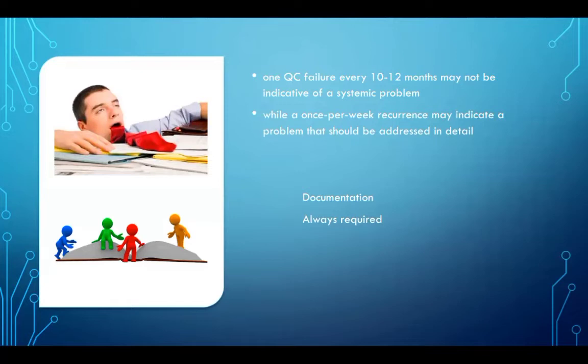Then you consider this as random error. But suppose this thing is happening on a weekly basis, sometimes twice in a week, sometimes once in 10 days, it is occurring very frequently. Then you cannot ignore this. That means there is some problem.